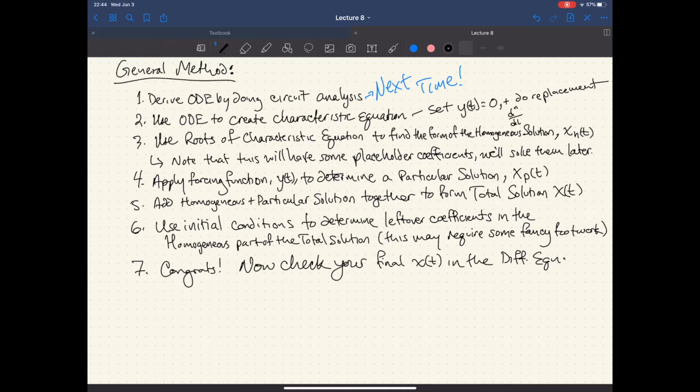The nth derivative of x(t) goes to lambda to the n. Makes things much easier. Some places you'll see r's, or I've even seen s's somewhere, I think. Lambda is generally the one that I see the most, and there are a couple of reasons for this. Part of it has to do with the fact that these are what we'll call the natural frequencies. We'll get to that in a minute.